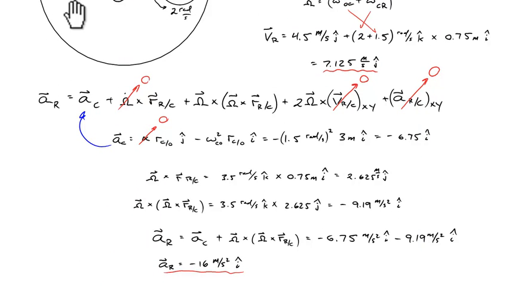But if you're doing it right, you ought to come up with about 7 meters per second in the j hat direction for the initial velocity, and negative 16 meters per second squared in the I hat direction for the acceleration.